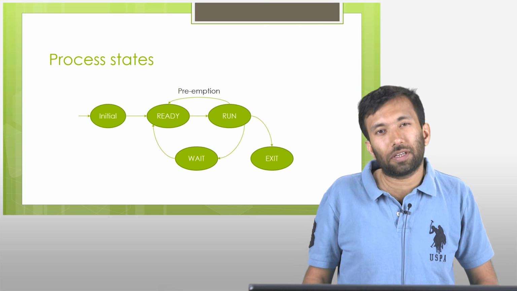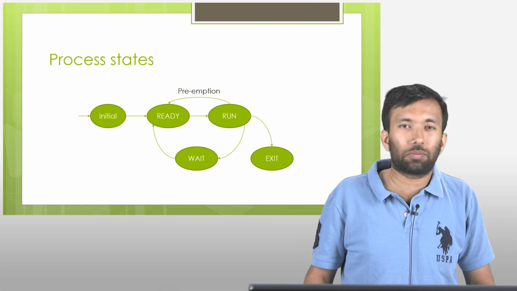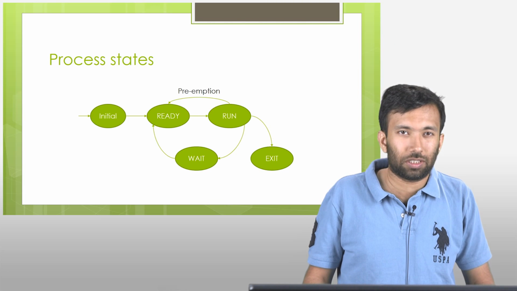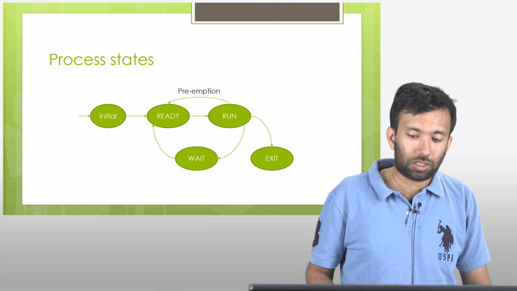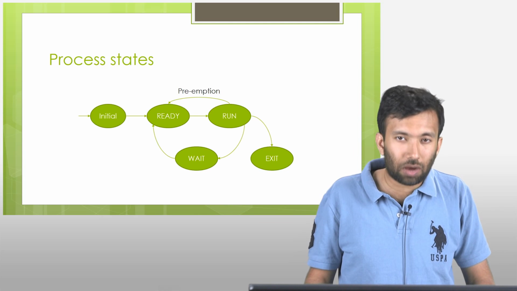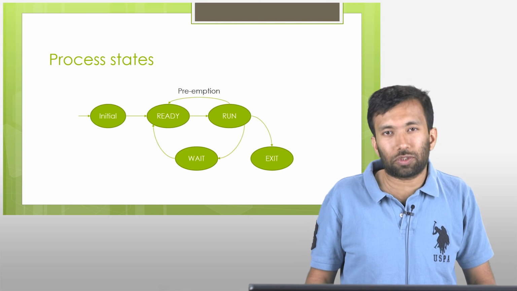In the meantime, other processes that were waiting in the ready queue get picked by the CPU scheduler and they go into the run state. So this summarizes the process states. Now we will use this process state to understand CPU scheduling mechanism.